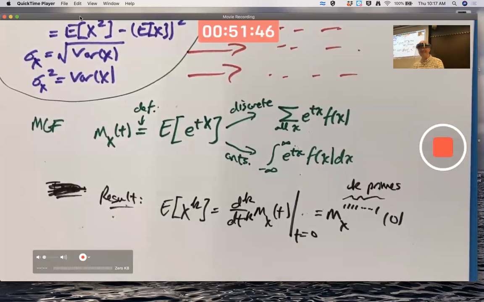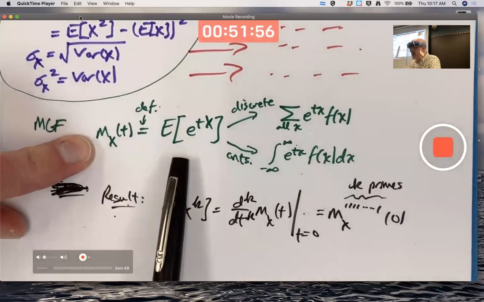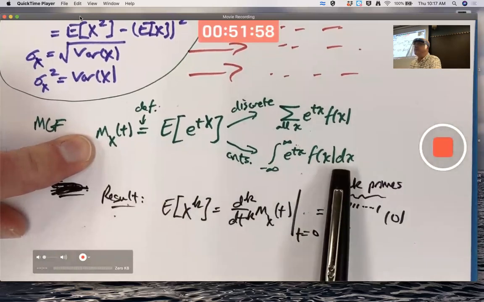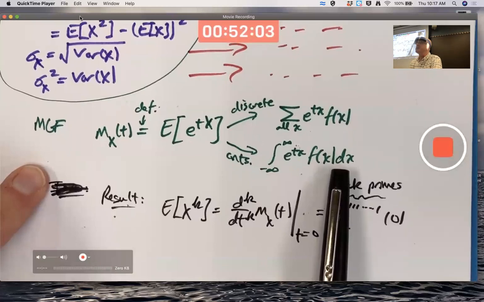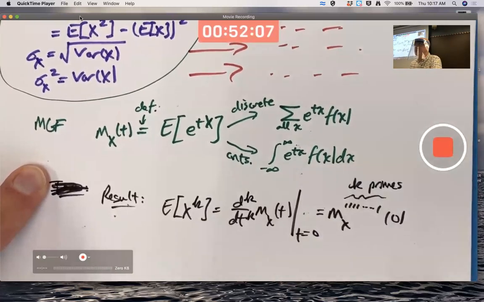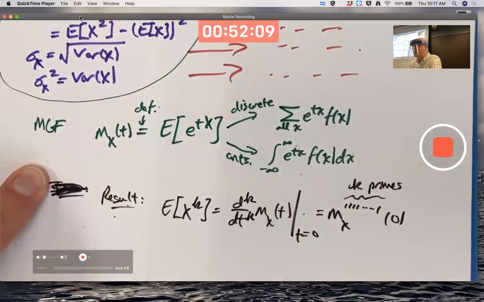Wait a minute, what? What is this t anyway? You might wonder. When you define the moment generating function and compute it, during the computation, you think of t as fixed but arbitrary. And then in the end, because t is fixed but arbitrary, your answer does depend on t.